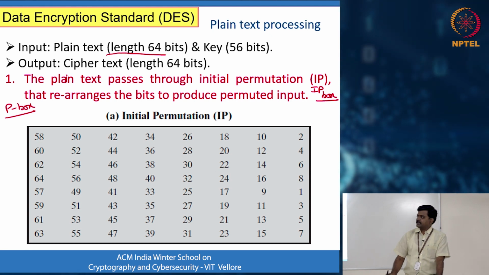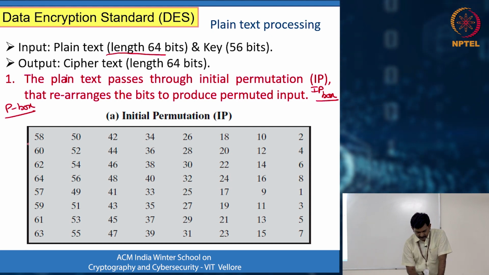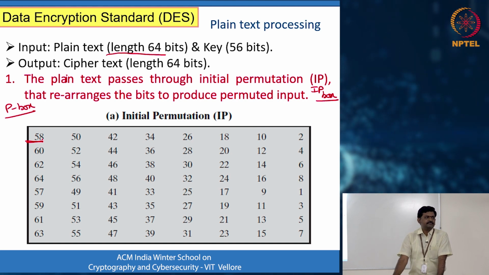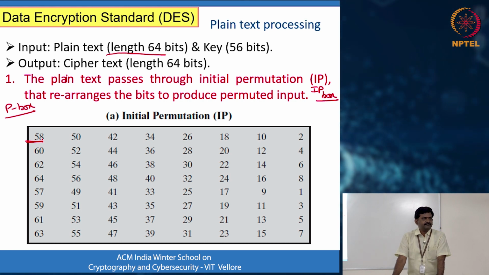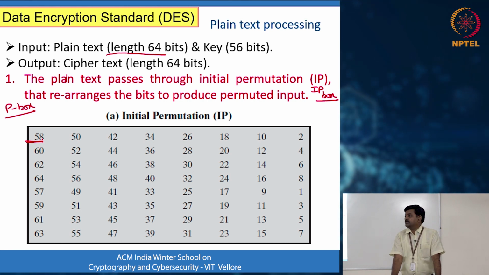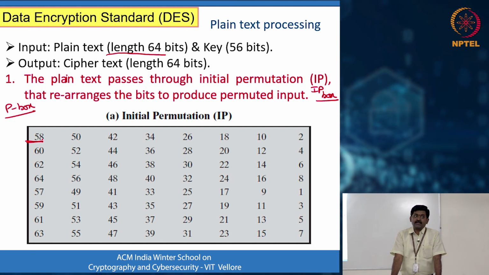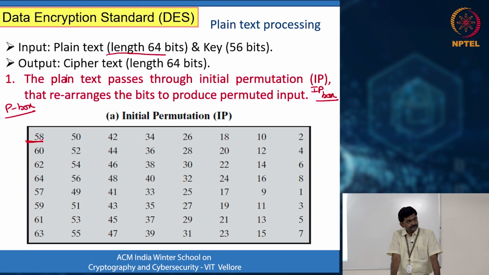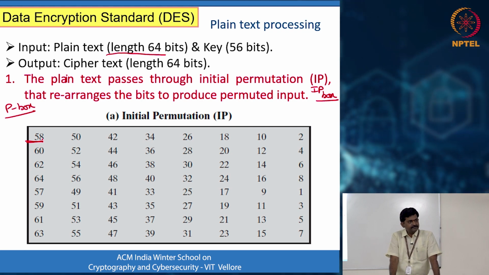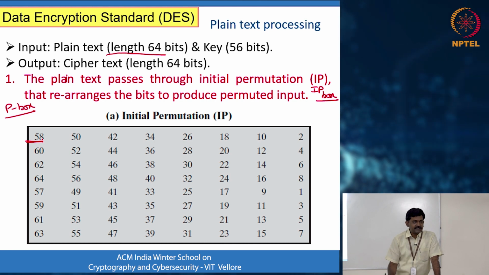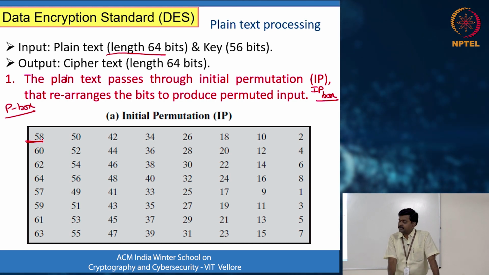Now what does this number indicate? 58. What does it mean? In the original 64-bit plain text, whatever is the 58th bit becomes the first bit. What is the second bit after permutation?